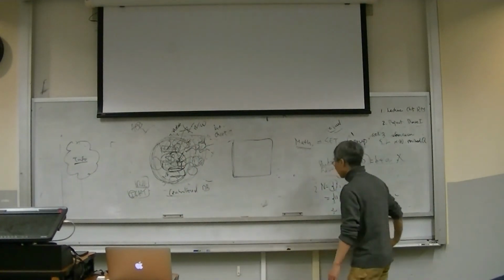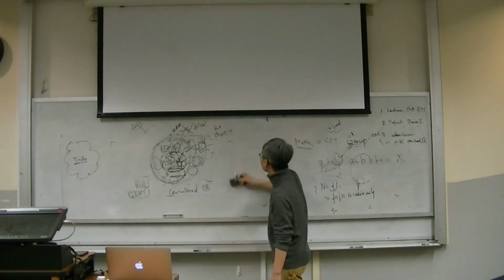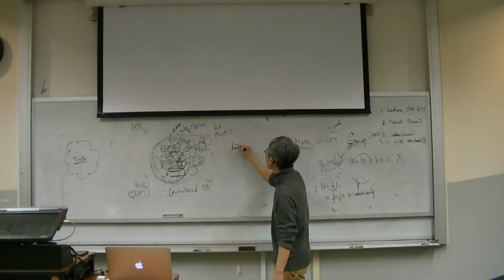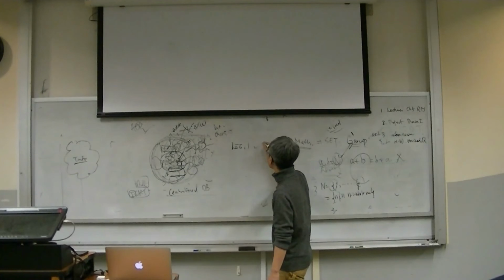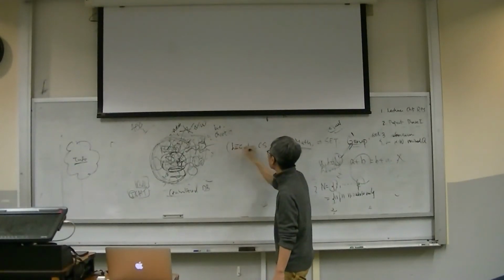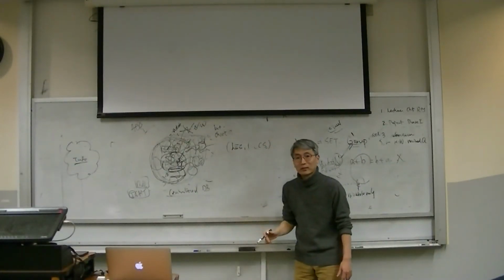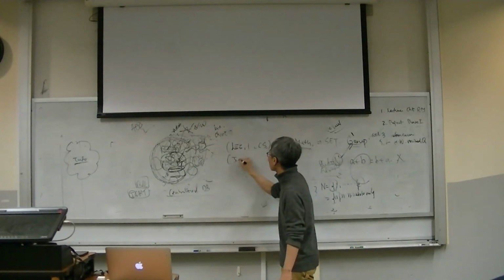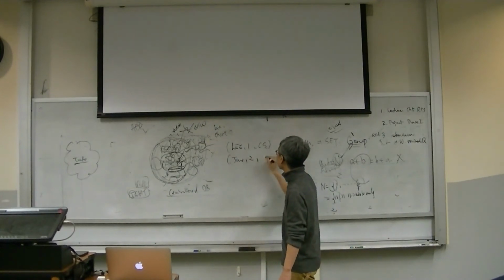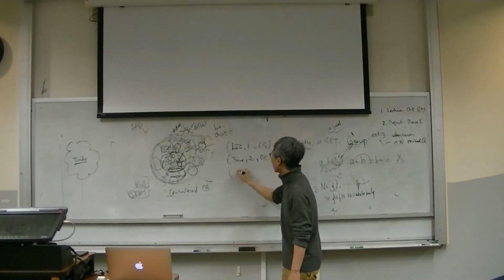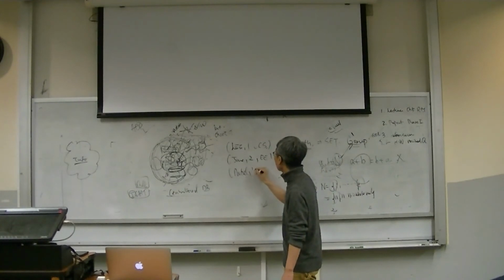For example, Lee, 1, CS. This is an entity we define. And James, 2, ID and E. And Potter, 3, and CE.